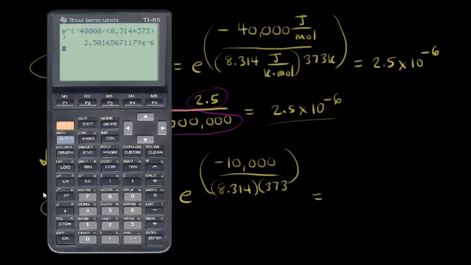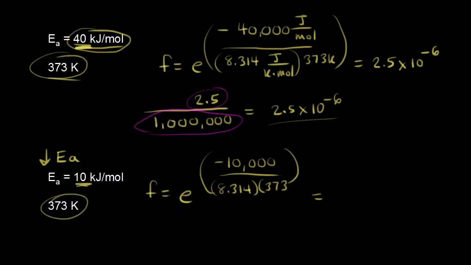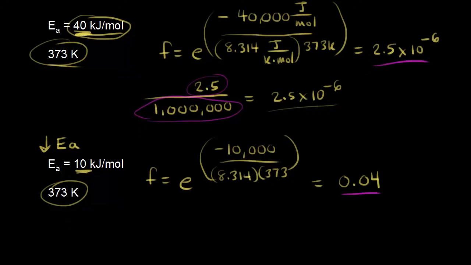Let's do this calculation. e to the negative 10,000 divided by 8.314 times 373, and here we get 0.04. So F is equal to 0.04. Notice what we've done: we've increased F. We've gone from F equal to 2.5 times 10 to the negative 6 to 0.04. So let's stick with the same idea of 1 million collisions.